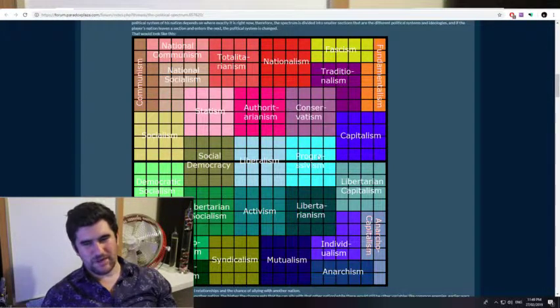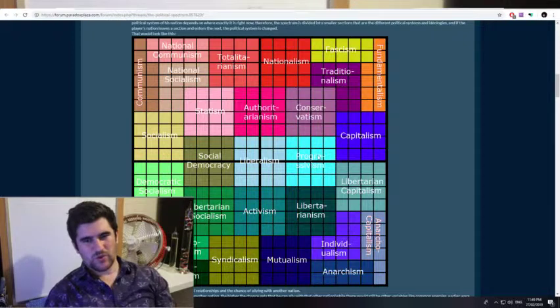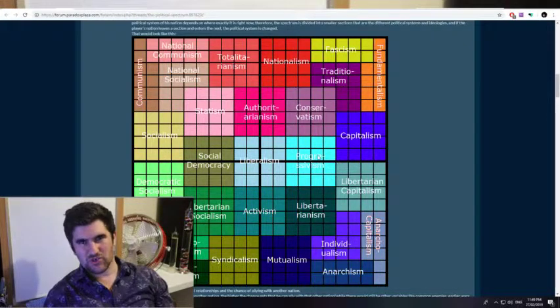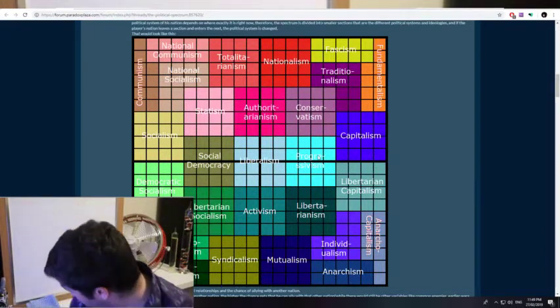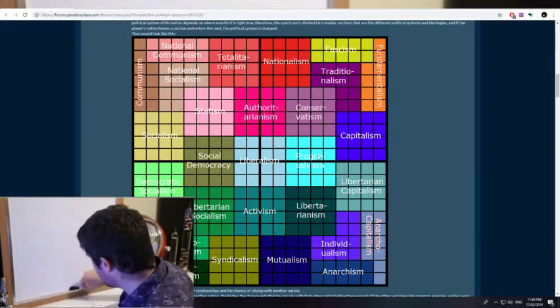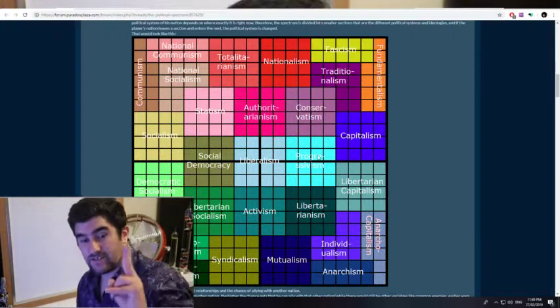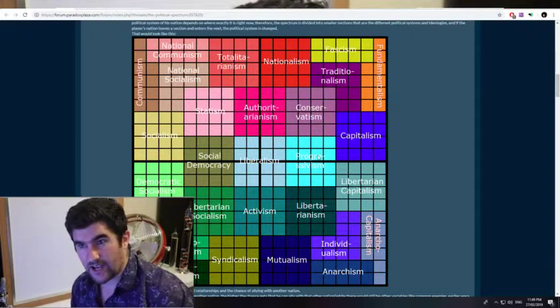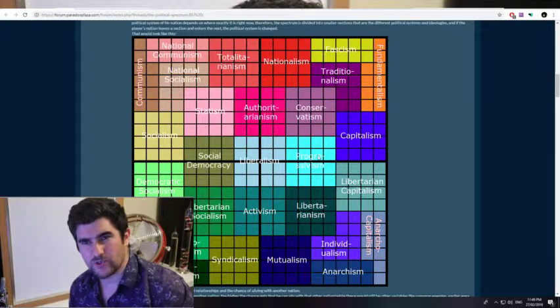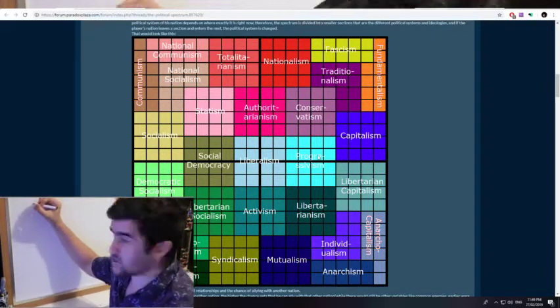That doesn't quite make sense to me. Those two shouldn't be next door neighbours. They're like polar opposites. So I suppose the issue we have here is that there aren't two axes. It's at least three.